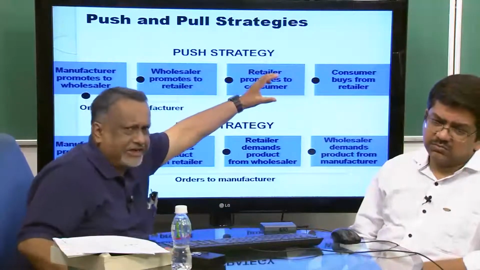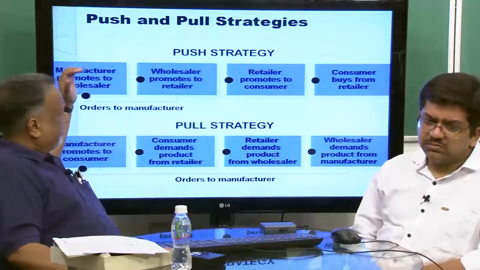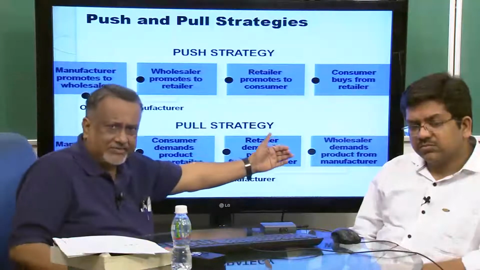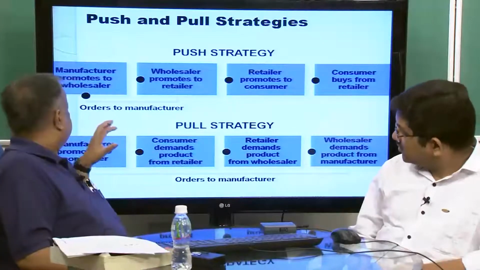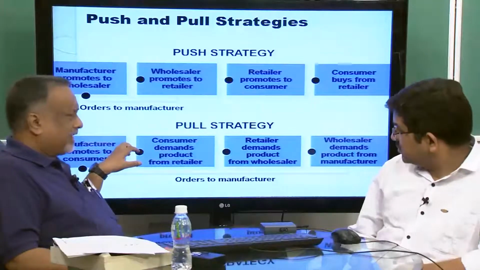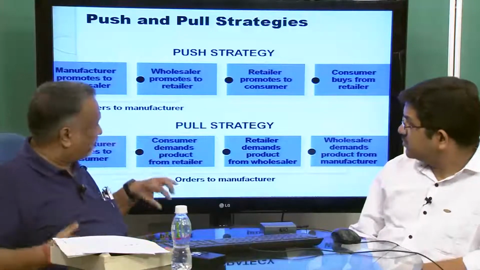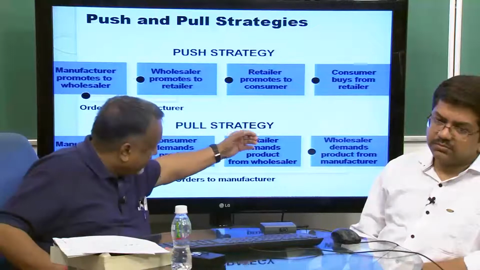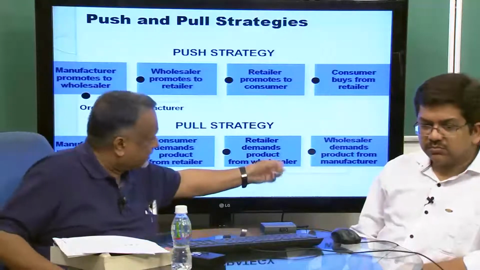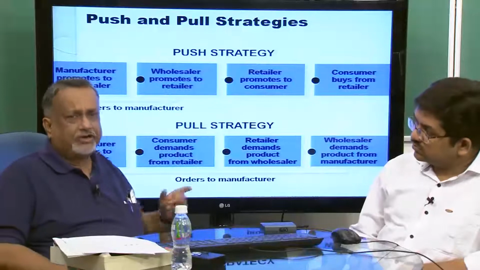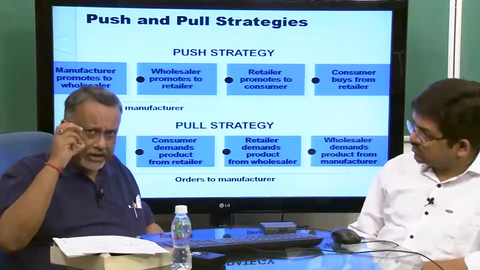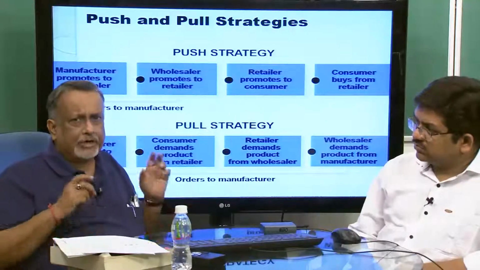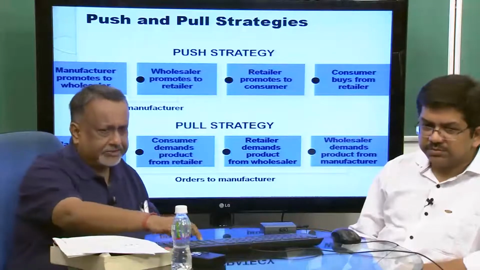So, you are pushing it across the channel, from inside to outside, whereas pull strategy is something like outside in, because the manufacturer promotes to the consumer, the consumer feels the urge to buy the product, goes to the retailer and asks for it, the retailer then demands the product from the wholesaler and the wholesaler gets it from the manufacturer. And we have discussed that for integrated marketing communication, for most products today we need to combine the push as well as the pull strategy.